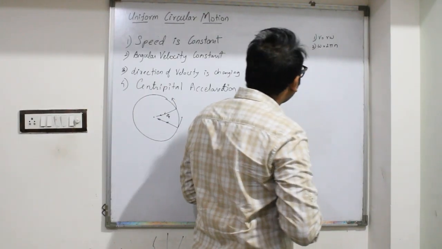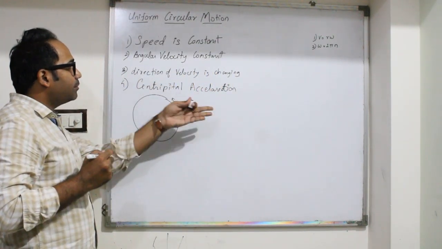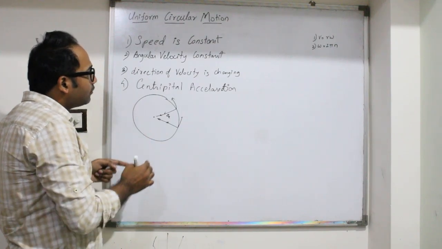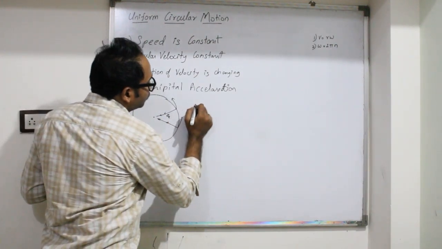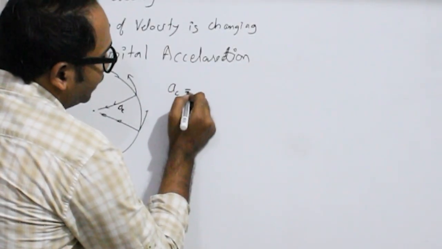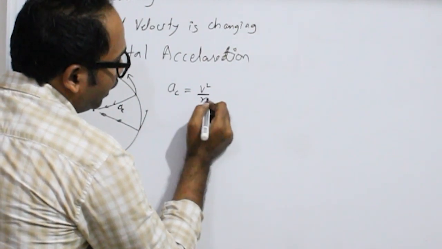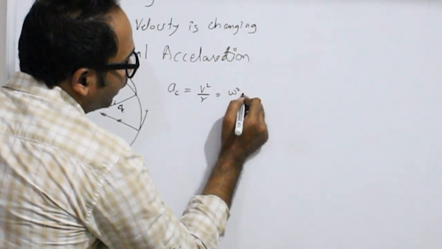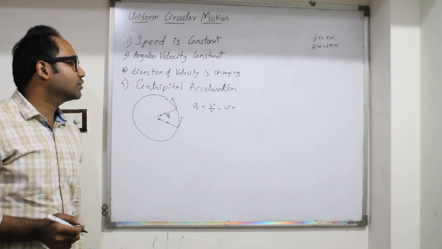So today we will be calculating the centripetal acceleration that is required for this uniform circular motion to take place. That centripetal acceleration is v square by r or omega square r. So let's see the derivation of how to derive this omega square r.